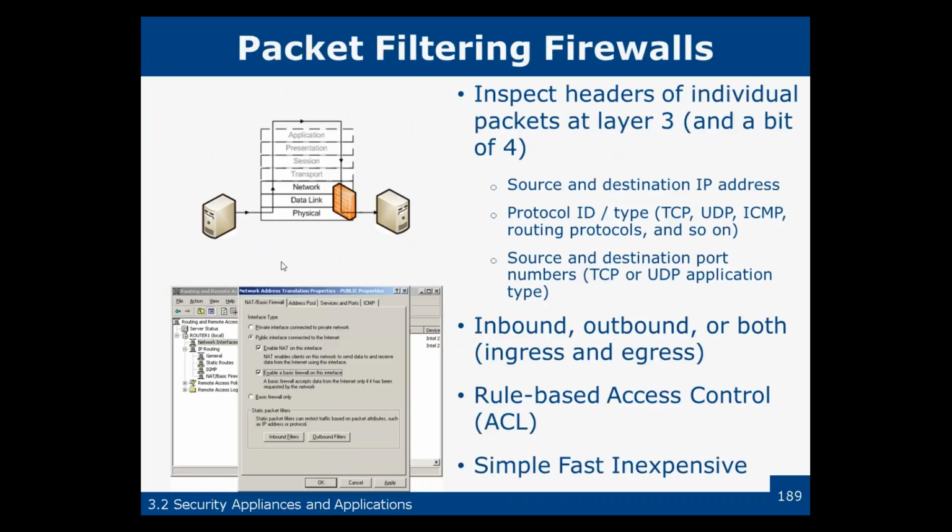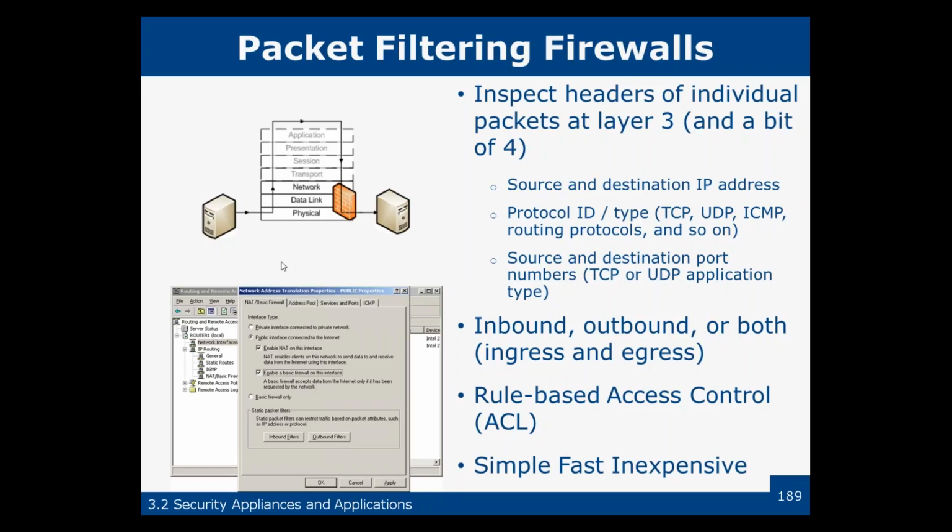Well, first type is packet filtering firewalls, and they inspect the header of the packets at layer 3 and layer 4. We have the source and destination IP address and the port number, UDP, TCP, ICMP, routing protocols that we can filter on.